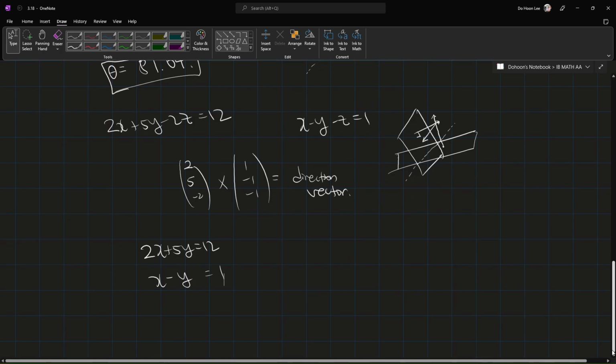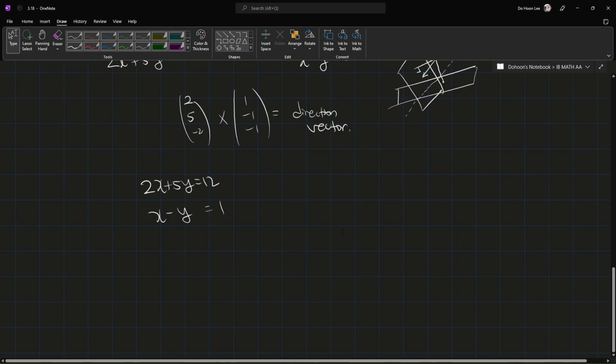Then this is a simpler equation to solve because we only have two variables and two equations. So from the first equation, I'll subtract the second equation twice.